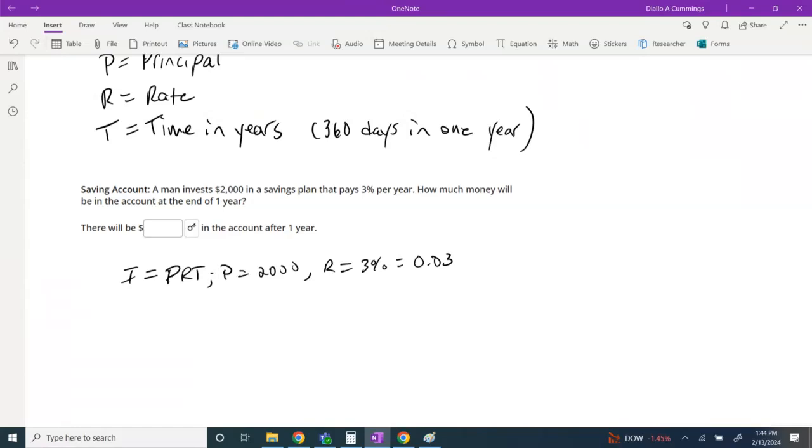So as a decimal, that should be 0.03. And the time has to be expressed in years. So in this case, T is going to equal 1. And we're going to see an example shortly where the time is like in days. So I, which is the interest, that's going to equal 2,000 times 0.03.